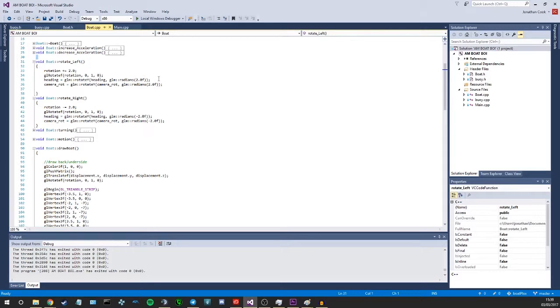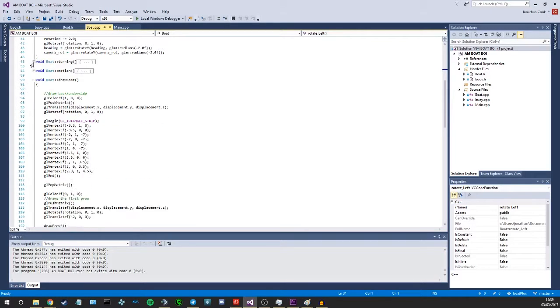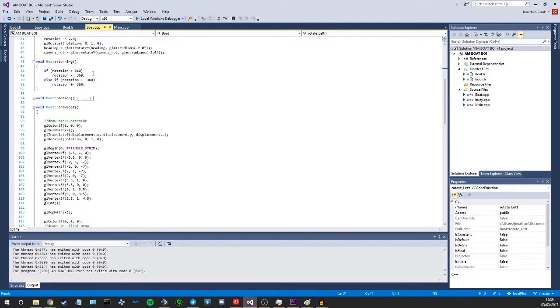So this will tell us later, when we implement the heading with the velocity, which way the boat is moving. And the camera rotation will rotate the camera around the y-axis by the same increment, so it will face the same way as the boat. The turning function simply limits the rotation variable between 360 and negative 360 degrees.